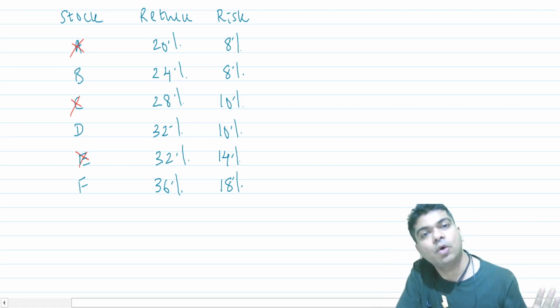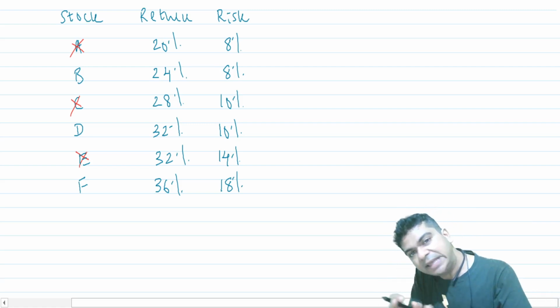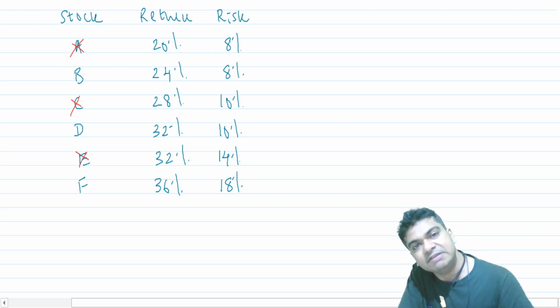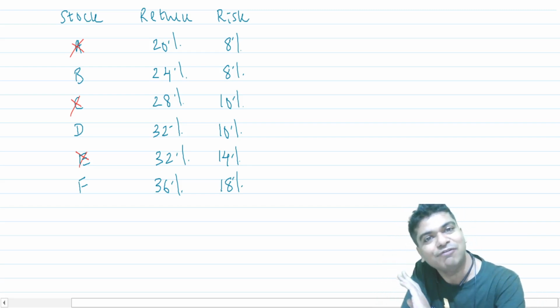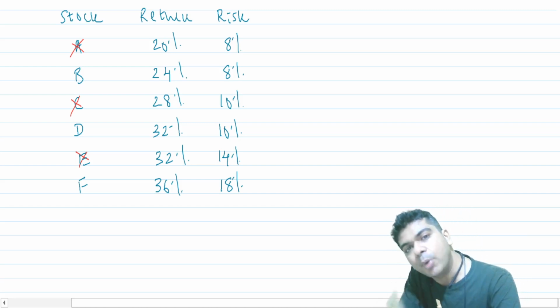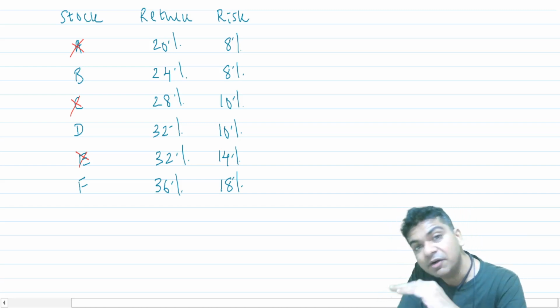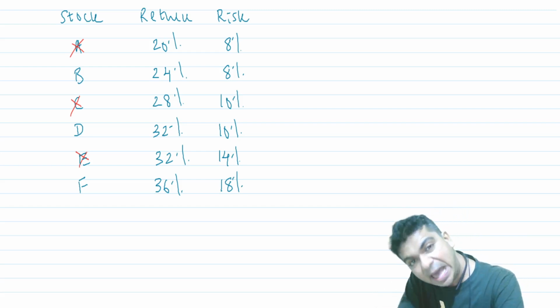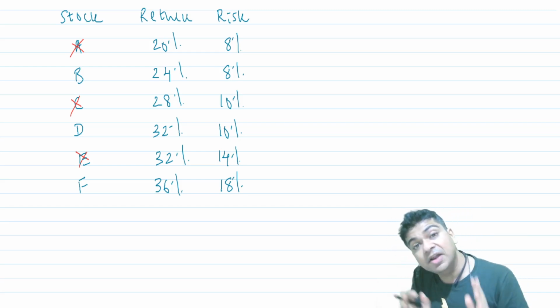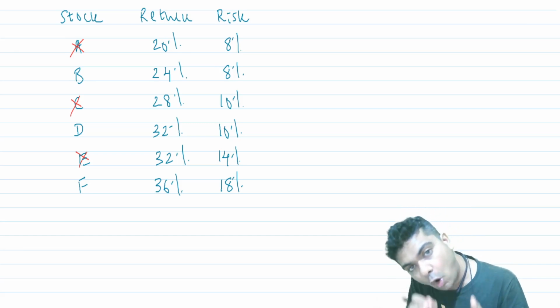No, the Harry Markowitz model is not based on CV. It's not such a simple model that I just work out the CV and say, yes, this is the best share for me. No, Harry Markowitz has given a proper manner in which risk and return can be balanced by us. It is popularly known as the risk return trade-off.